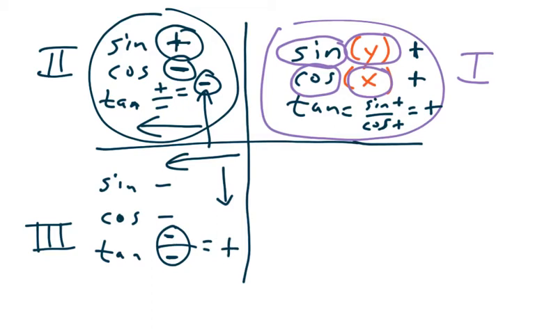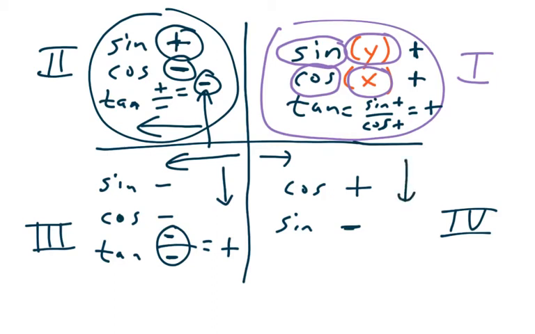Well, it's positive. And finally, in quadrant 4, because I went to the right, cosine is going to be positive. Because remember, that goes with your x coordinate. Sine is going to be negative because I had to go down. And tangent, because I have different signs again, I'm going to get a negative for tangent. Now that's going to come into play, as you can see in our first problem.